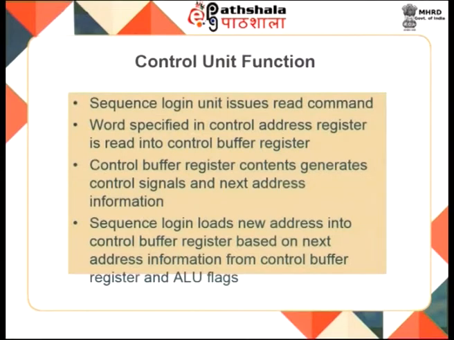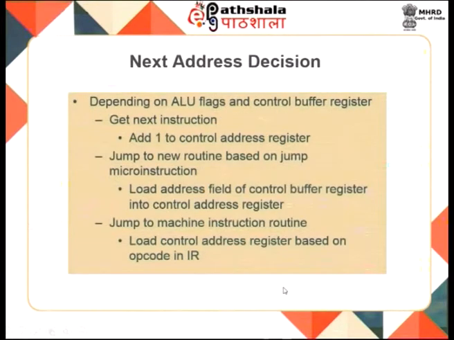If you look at the control unit function, it has a sequence unit which will issue the read command. The word specified in the control address register is read into the control buffer register, and the control buffer register contents generate the control signals and the next address information. The sequence logic loads a new address into the control address register based on the next address information from the control buffer register and the ALU flags.